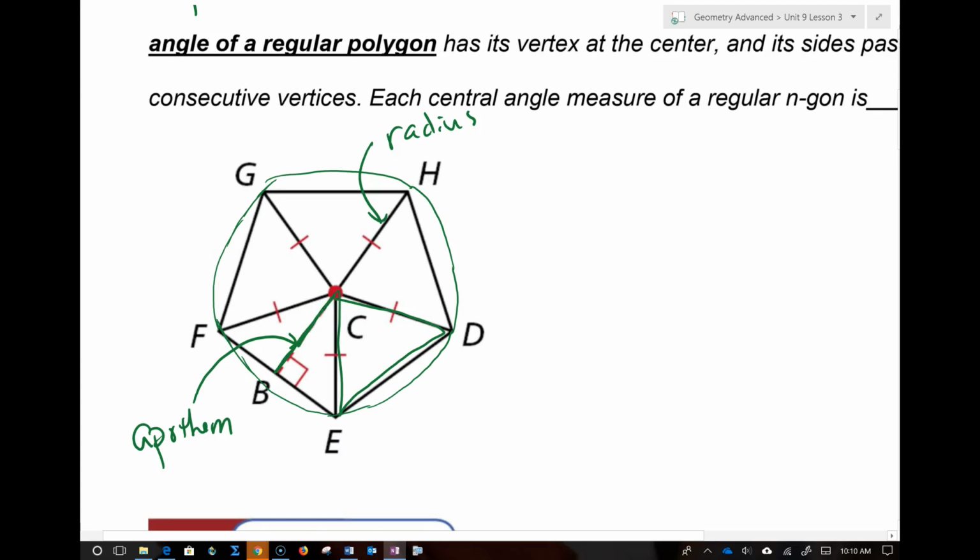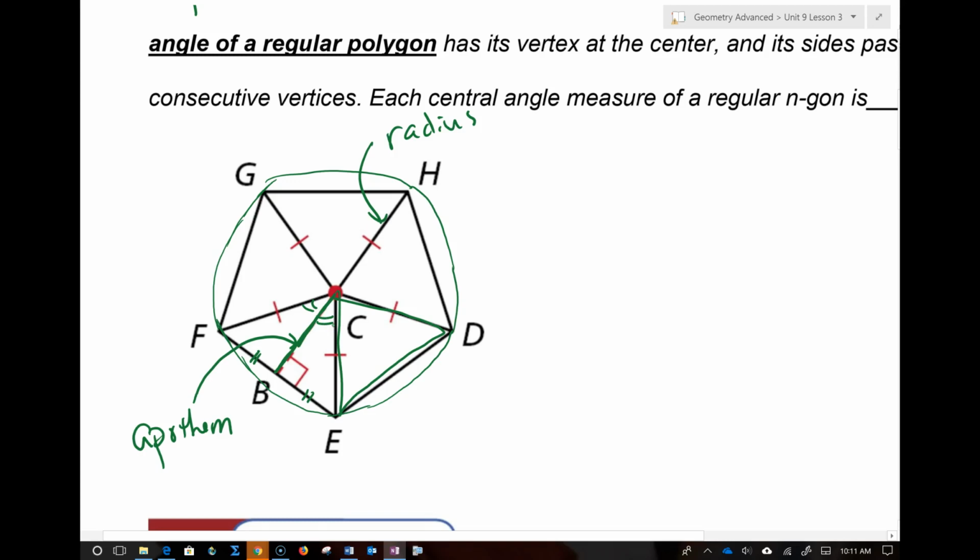Yeah, it goes to the midpoint, so it ends up bisecting it. Exactly. We're going to use that to our advantage. Also, what would that apothem do to that angle FCE? Yep, so we know that these are going to be the same thing.